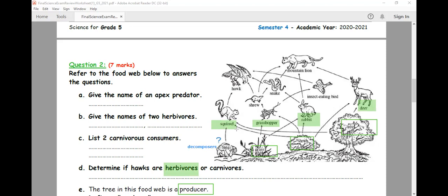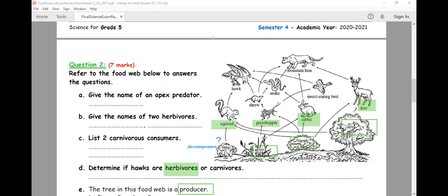Okay, the first element in a food chain is the producer. The second one, we have the herbivorous animals, and we also call them primary consumers. Primary consumers are the consumers that feed on plants. In this food web, we have 4 primary consumers.